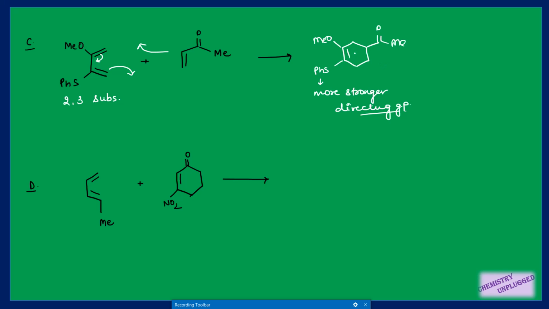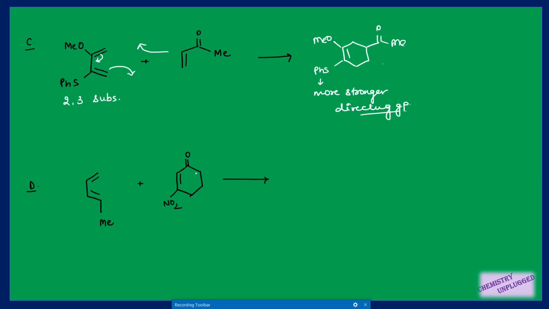Then you will get this type of attachment of this group here at this place. And because this phenyl thio substituent is deciding, it can give you 1,3 product when you are rotating it, or it can give you 1,4 product. And we know that for second substituent, the major product is 1,4 product.